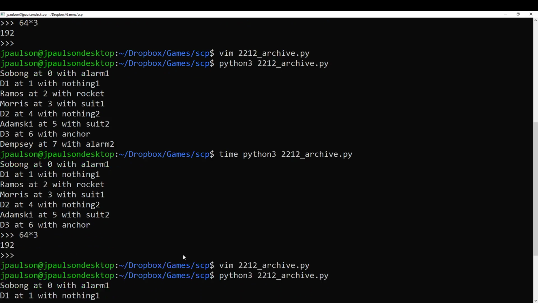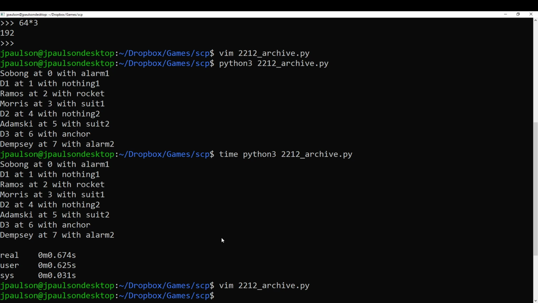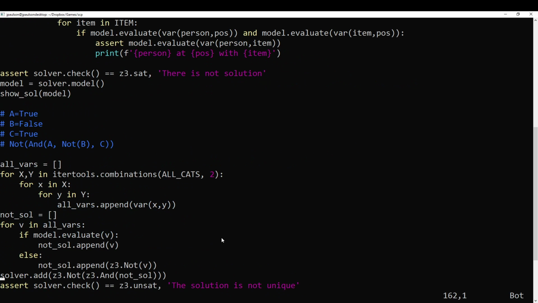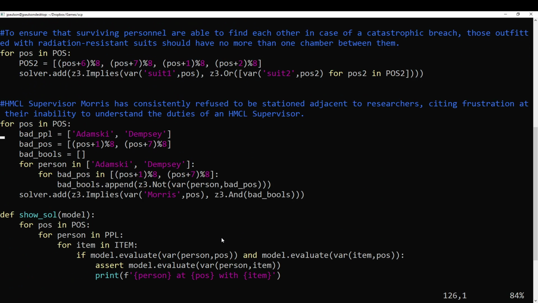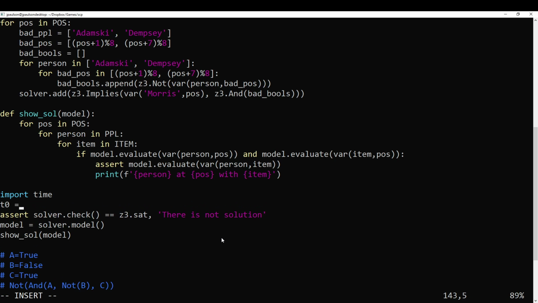And we also checked that this is the only solution. So that's what we wanted. We wanted to find the solution, and we wanted to find the only solution. I'm just curious how long it actually takes to find the solution.